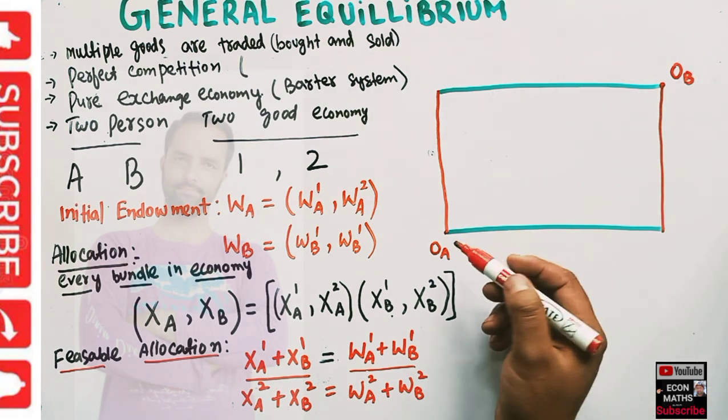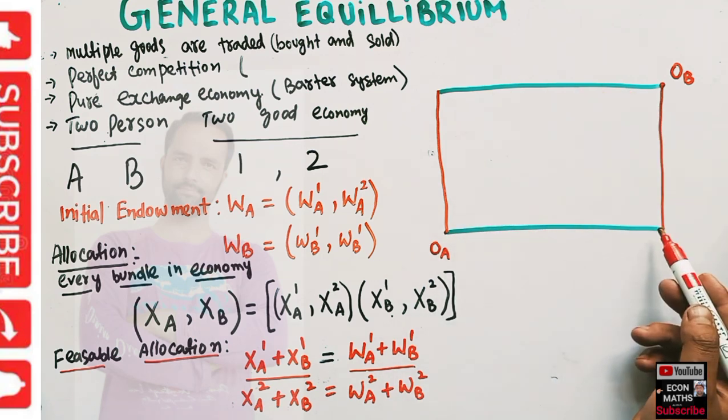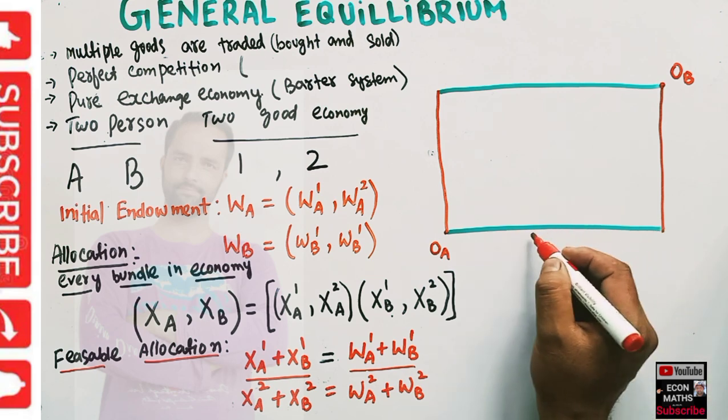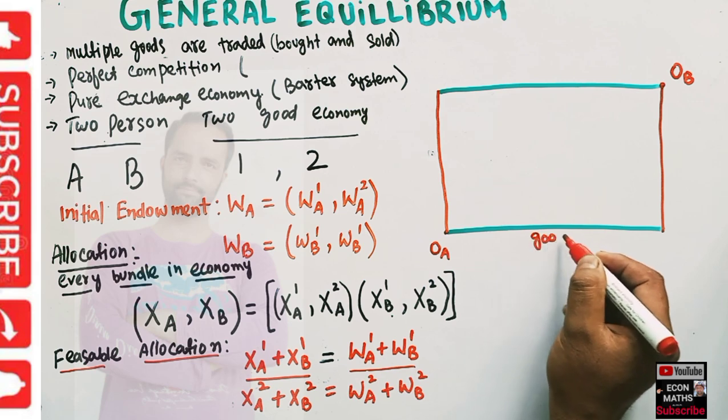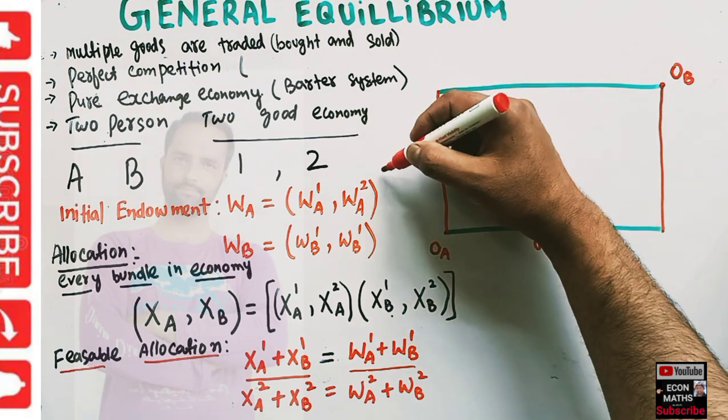Now the width, this green line, shows us the total supply of good 1. So first let me write it here. On this axis we denote good 1, and here we show good 2.